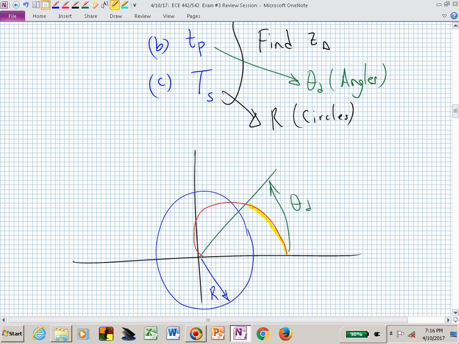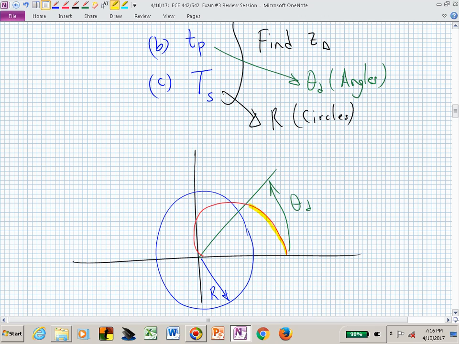But make sure that you read the question carefully, because I actually might want you to identify a region that has a percent overshoot of this much or more. Then you're saying, oh, I need a zeta value that's this value or less.